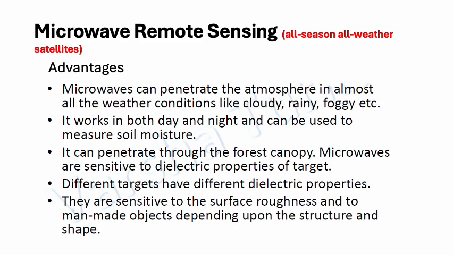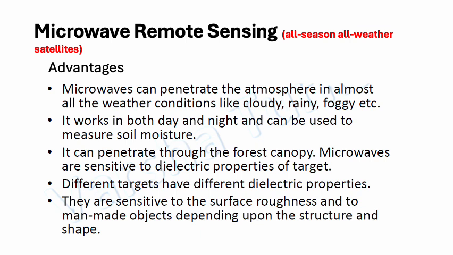Now we will see the advantages of microwave remote sensing over optical remote sensing. Microwave remote sensing is independent of sun energy, so it can work during night time also. It can penetrate the atmosphere in almost all weather conditions like cloudy, rainy, foggy, etc. So it is known as all weather and all season satellites. Microwaves are sensitive to the dielectric properties of the target.